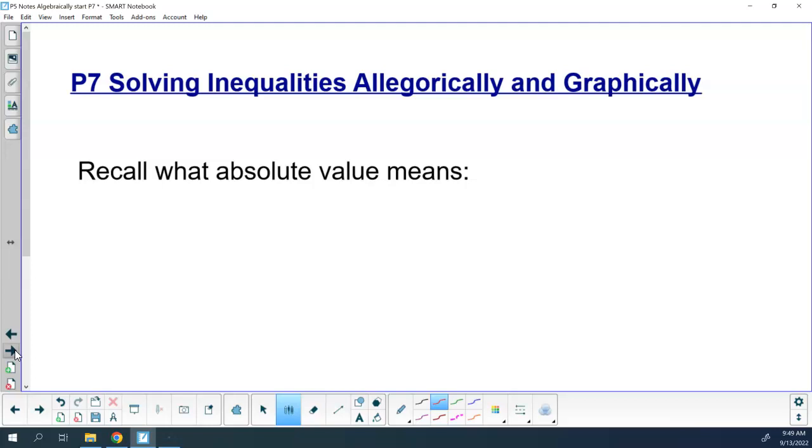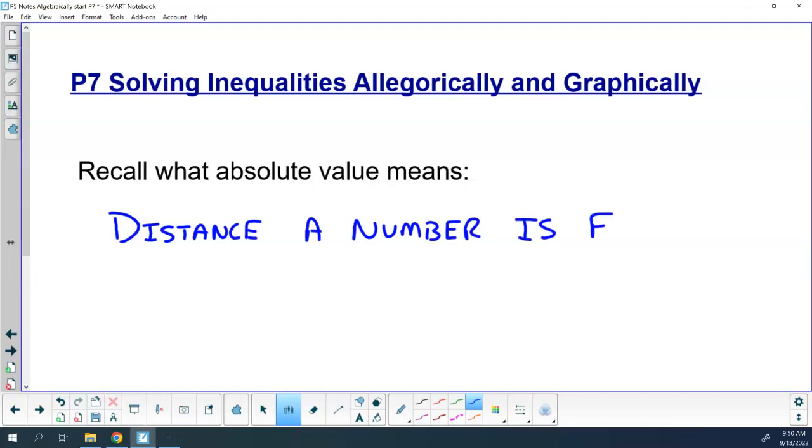Okay? So we need to recall what it means to be an absolute value. The true definition of absolute value is the distance a number is from 0 on a number line.